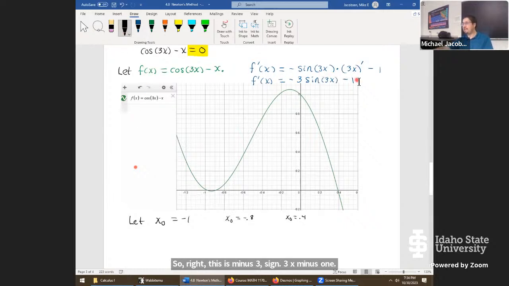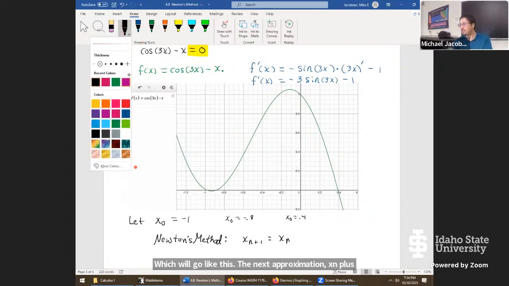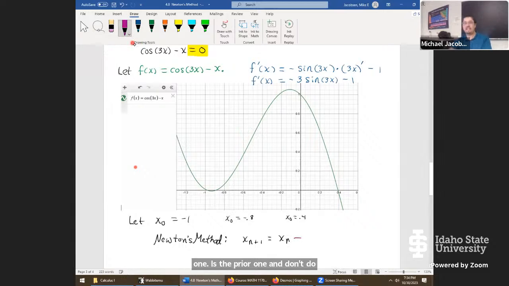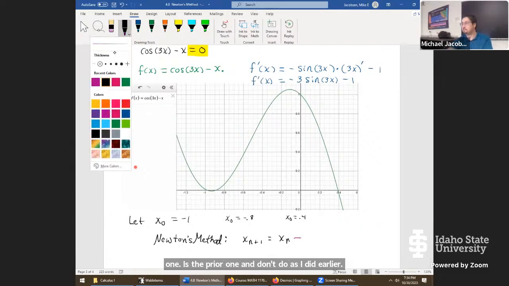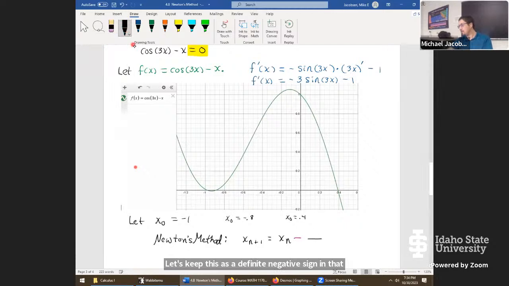So with the function and its derivative, we can now assemble Newton's method, which will go like this. The next approximation, x n plus 1, is the prior one, and don't do as I did earlier. Let's keep this as a definite negative sign in that location. We'll put in the original function in the numerator, the derivative of that function in the denominator.